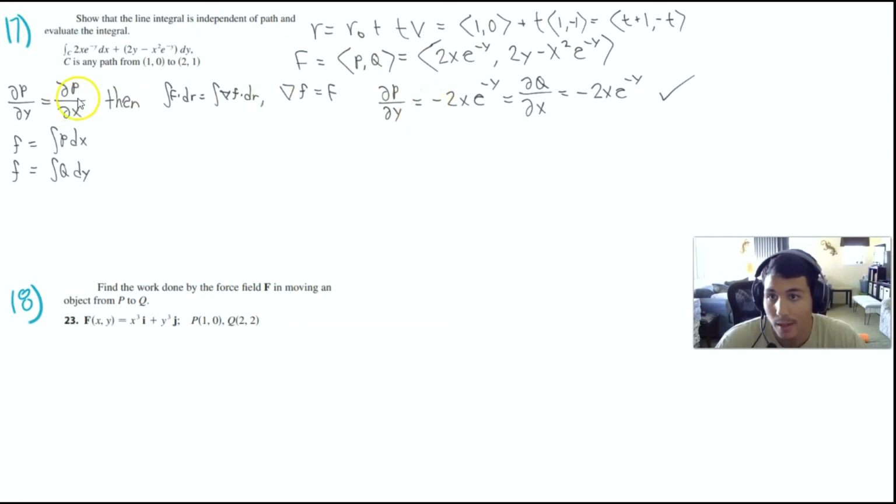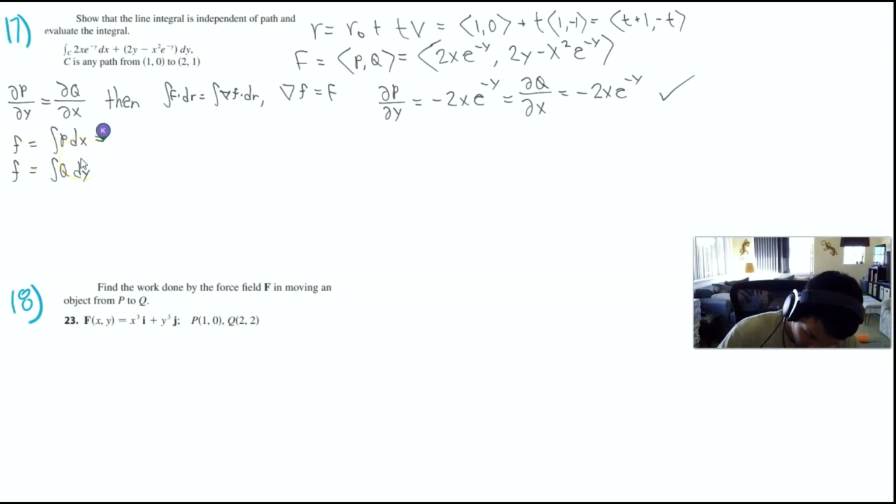My bad, I'm totally missing it. I've been going at this straight for a super long time. It's definitely not P here, it's Q. I'm sorry about that mistake. If this, we can put the differential on the other side and then solve for f. That's what I meant to say.